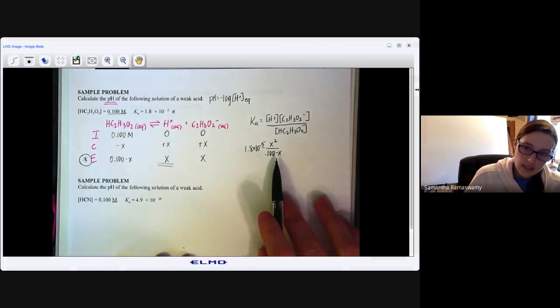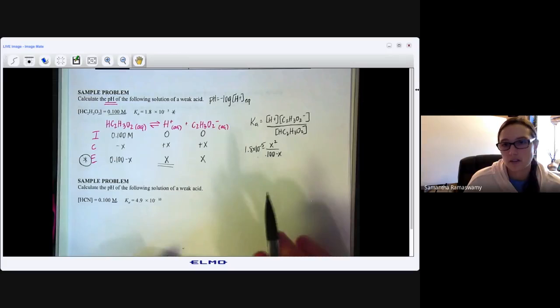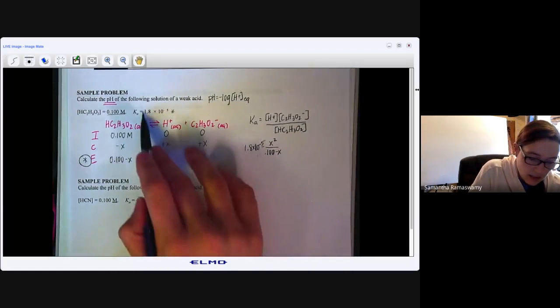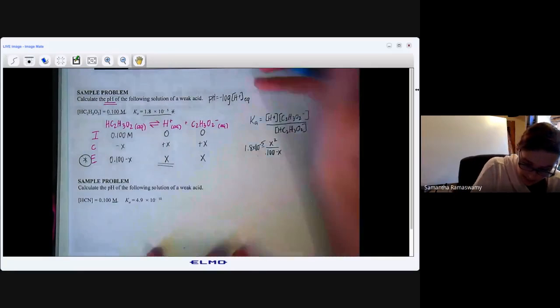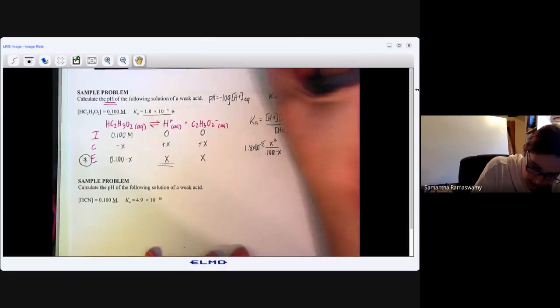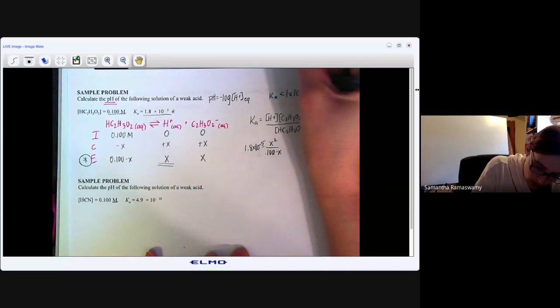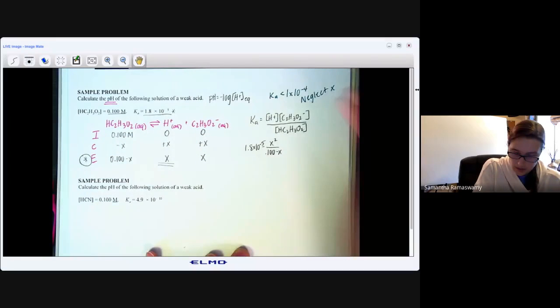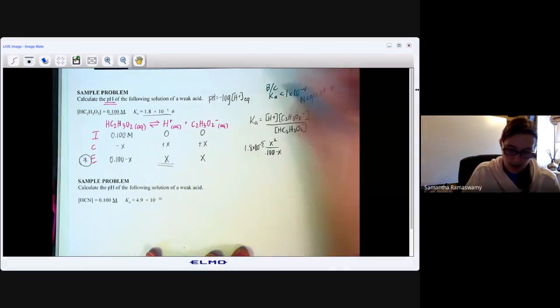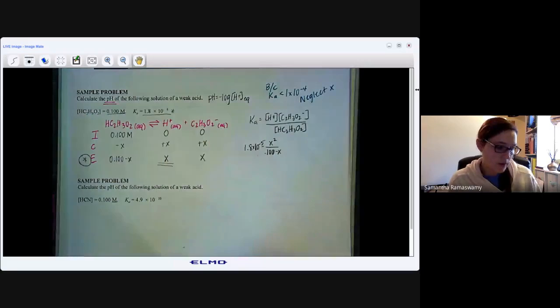You look at this initially and you're like, oh, the quadratic. Well, because Ka is less than 1 times 10 to the negative fourth, we can neglect x.